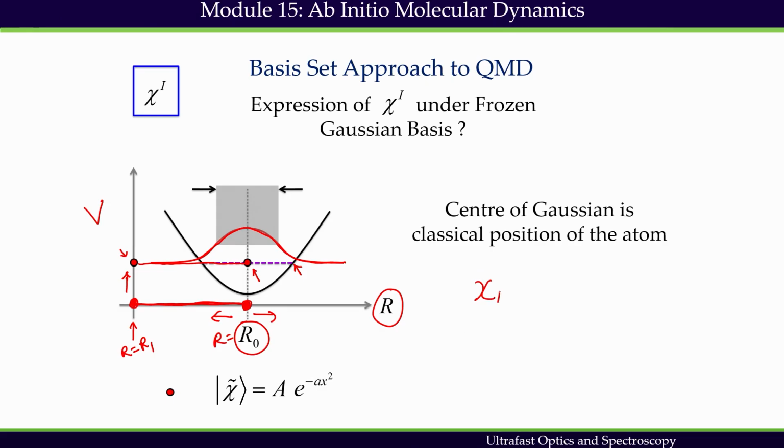I will consider the ith nucleus, which I can express this way: it is nothing but a Gaussian function, e to the power minus a x squared, and a is related to its width.